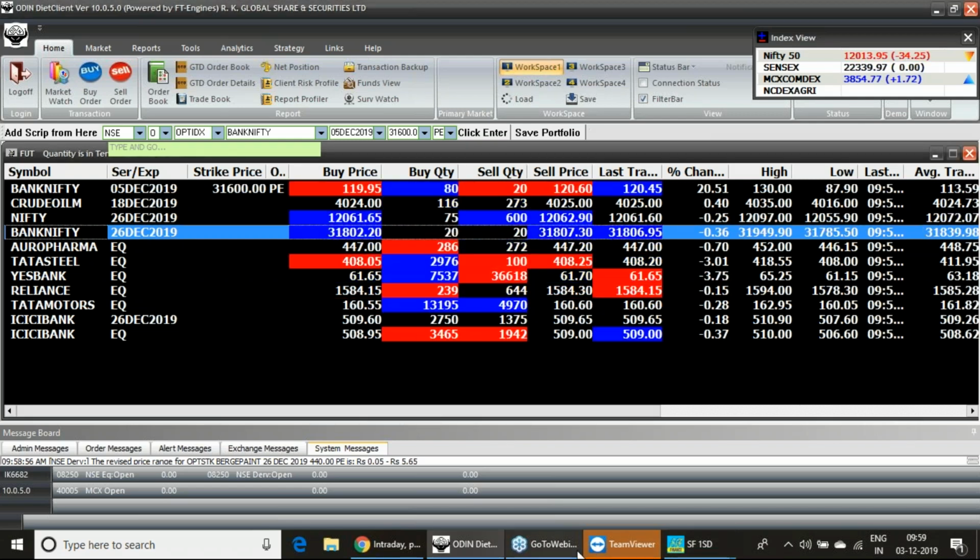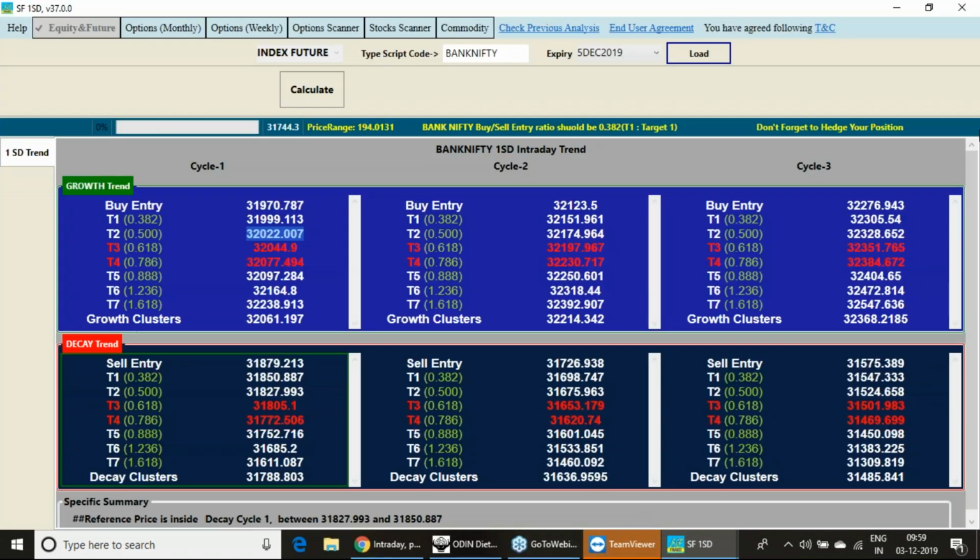So 31,785 you have got. 31,785, this is what Bank Nifty has given you just now, and from there it has retraced. 805 was your first target. Second target was 31,772.